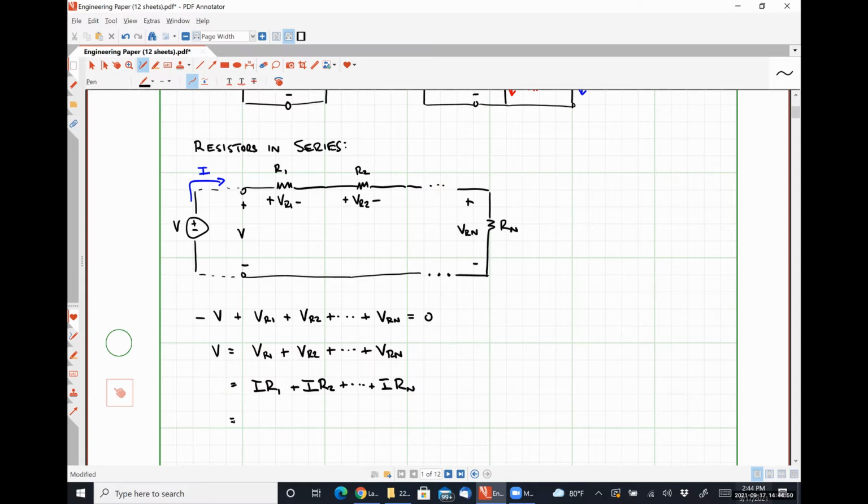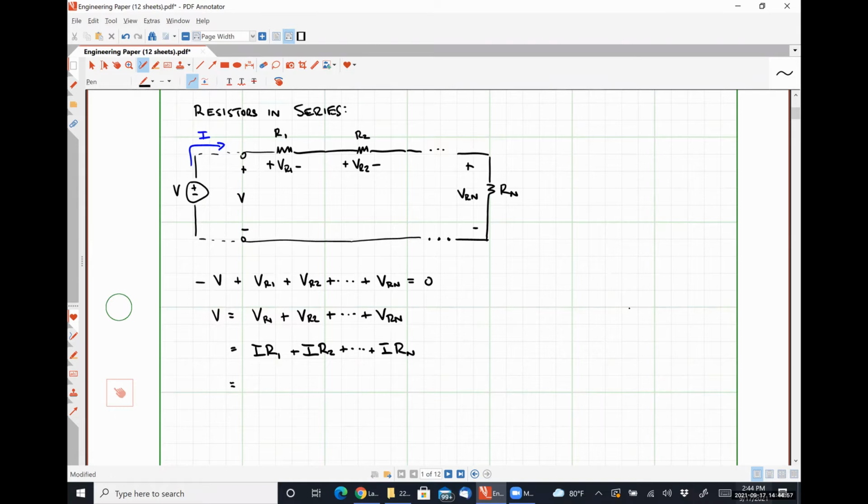And I can factor out that common factor of I from everything, leaving me with I multiplied by R1 plus R2 plus R3, or sorry, plus Rn, so that I'm being consistent.